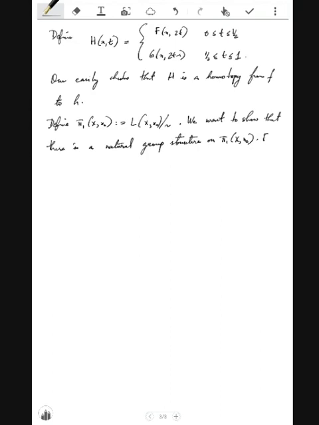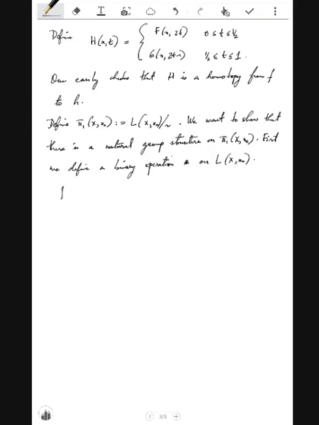So first we define the binary operation star on L x x0.